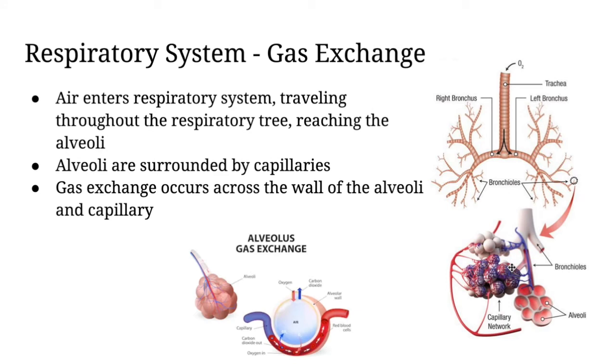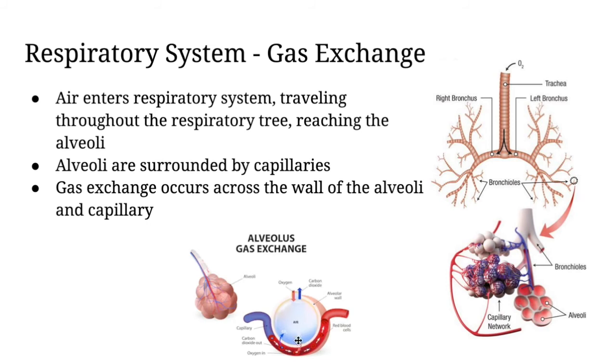If you remember that from biology, diffusion is when things move from an area of high concentration to an area of low concentration. So when you have used the oxygen in your blood, and you've gotten carbon dioxide back into your blood from your cells, that blood needs to go to your lungs so that the carbon dioxide in your blood, where there's a lot of it, can diffuse into the alveoli, which you see down here.